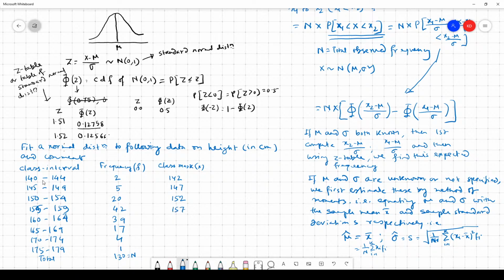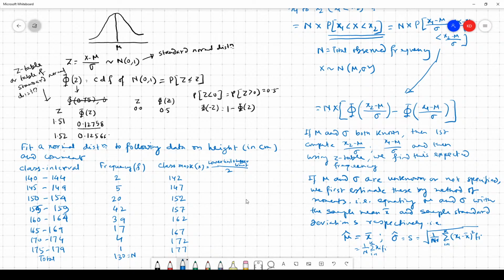So for the first class, the formula is lower limit plus upper limit divided by 2. Okay. So then this is 160 plus 164 divided by 2. This gives 162. Similarly, this is 167, 172, and last one is 177.